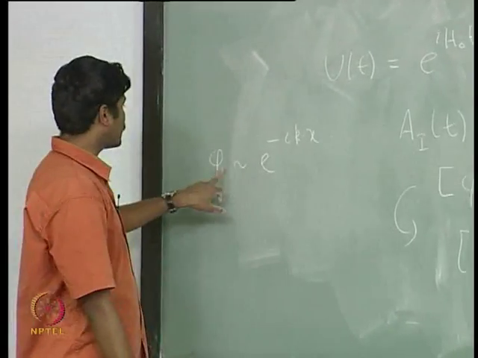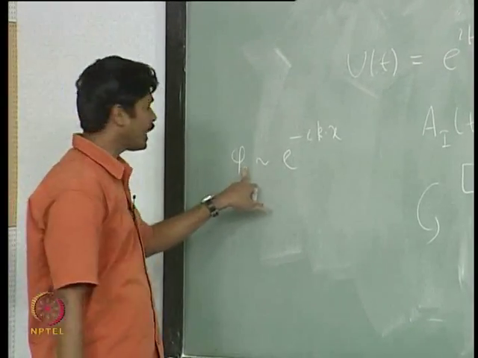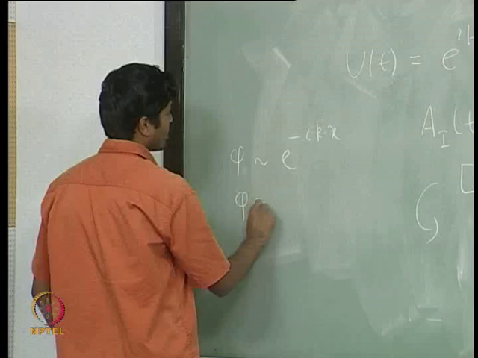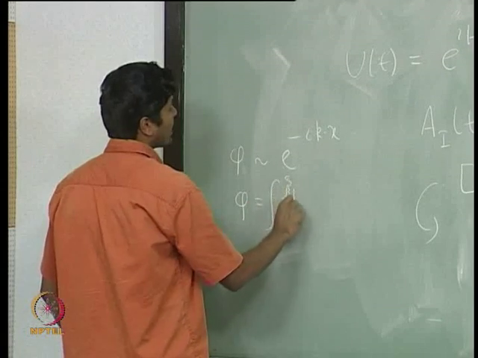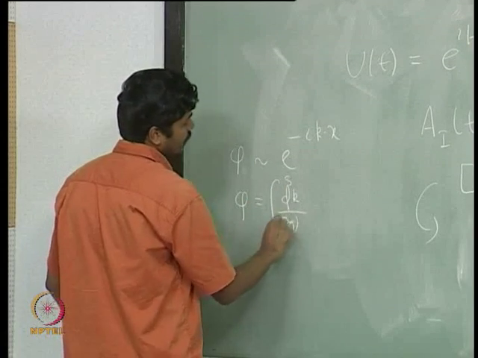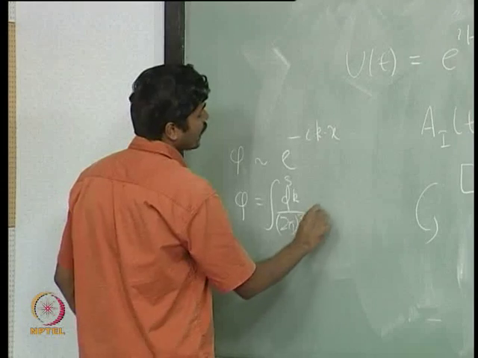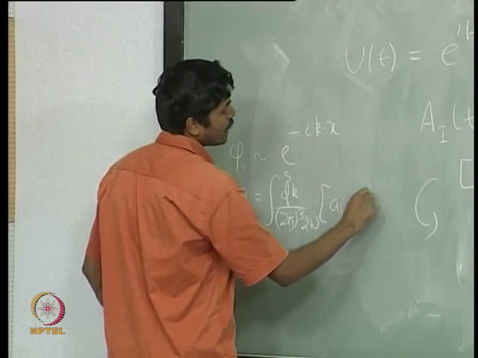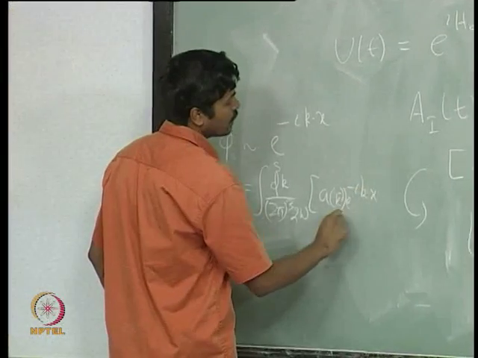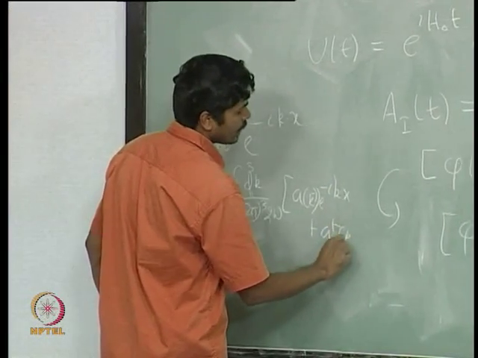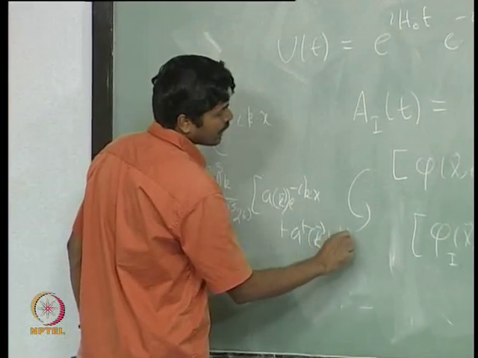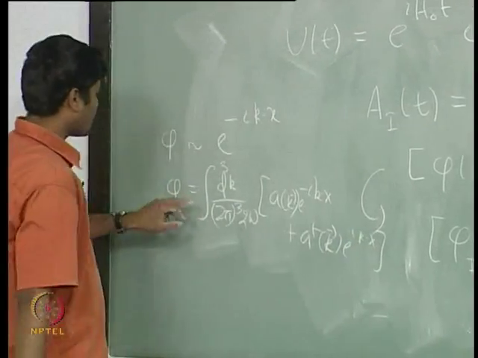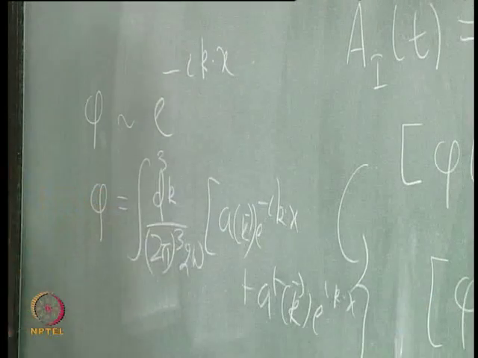So, the most general solution you can write as phi equal to integral d3k over 2 pi cubed 2 omega, then a k e to the power minus i k dot x plus a dagger k e to the power i k dot x, and you can put it in the fundamental commutation relation.